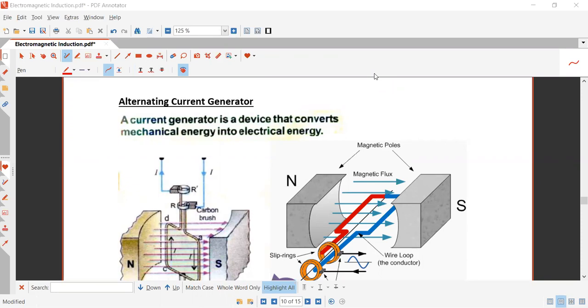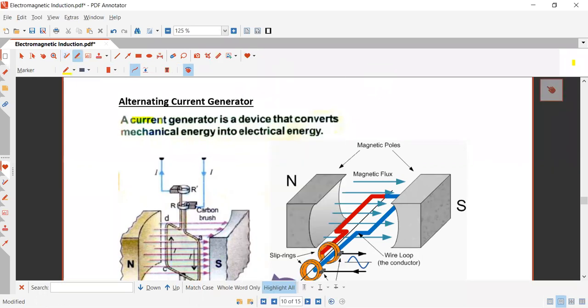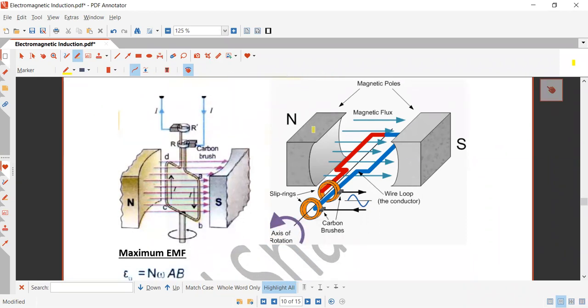Alternating current generator: an AC generator is a device that converts mechanical energy into electrical energy. Here we have a permanent magnet, and then the coil, which we are going to move. Then we have the slip rings, and then the carbon brushes.